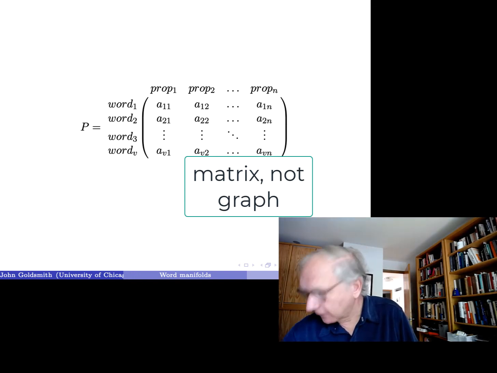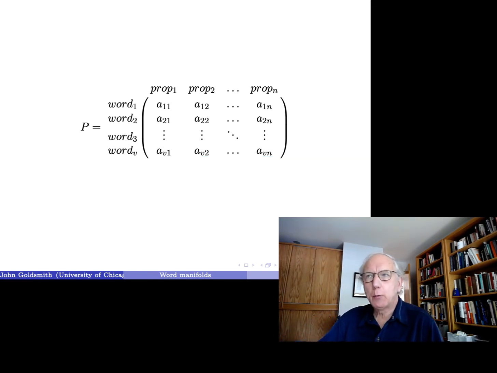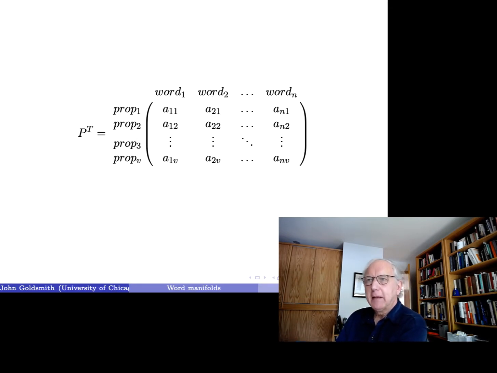Another thing to bear in mind is we care about the transpose of this matrix. So what is the transpose? It's the matrix in which our rows are the columns of the previous matrix and the columns are the rows.